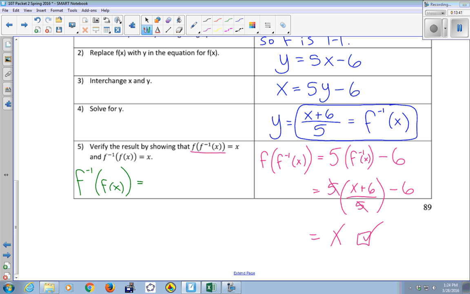Okay. So again, you work from the inside out. So this says I'm going to plug f into f inverse. So I'm going to start with my formula for f inverse, which is (x plus 6) over 5. But I'm not going to put an x there. What am I going to put there? f of x, because that's what's in the parentheses here.